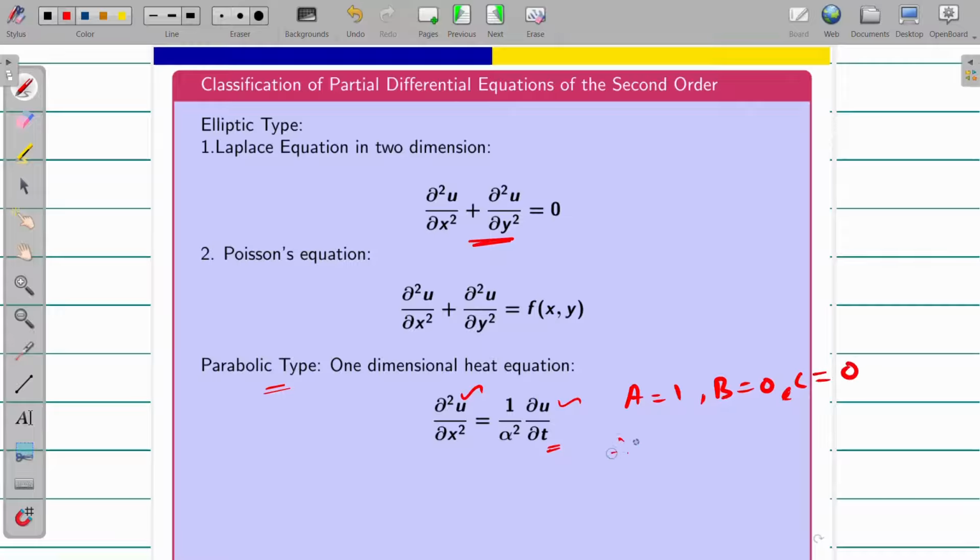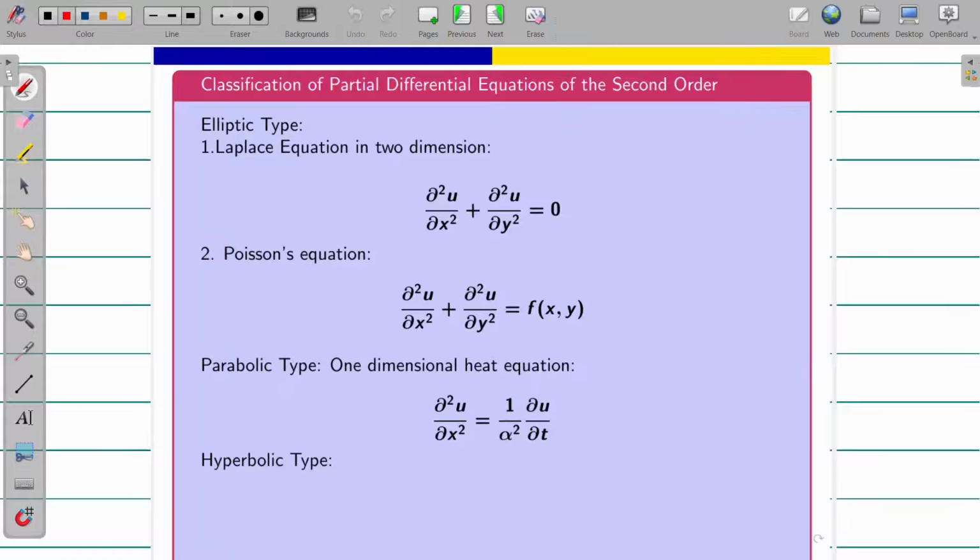So therefore, b square minus 4ac: b value 0 minus 4 into a value 1, c value 0. If you do that, it will be 0. Then how to classify it? Exactly, it is parabolic. Got it.